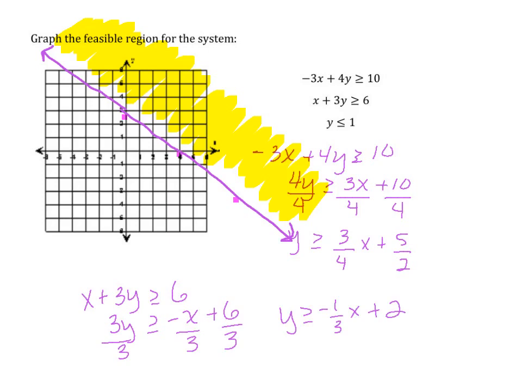So this time we'll start at positive 2. And we'll go down 1 to the right 3. And again, we have another solid line. And we also want to shade above this line.